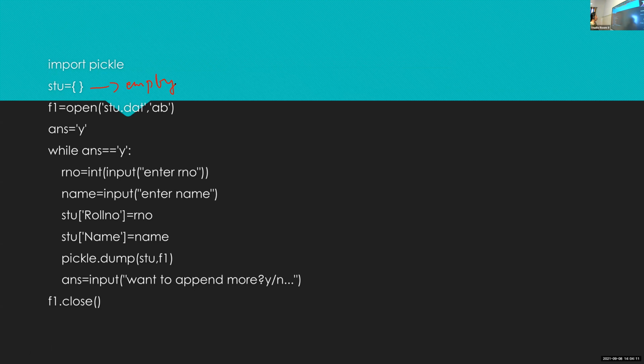After that, I open the file using f1 = open("stu.dat", "ab"). That is append mode. We can use either single quotes or double quotes. AB is append binary.